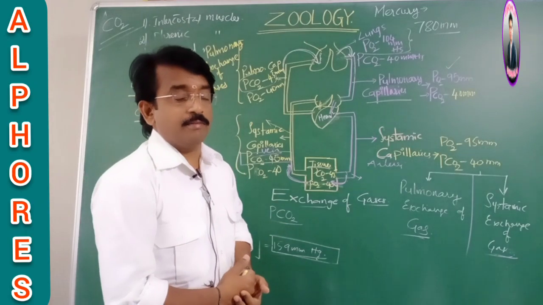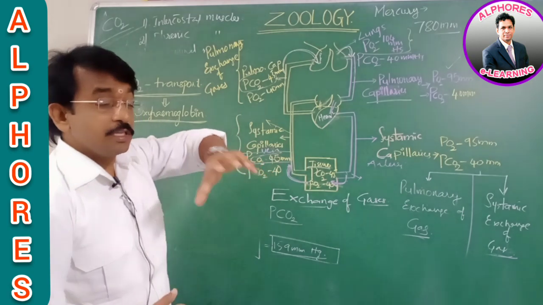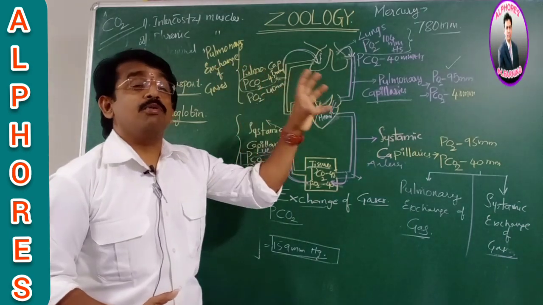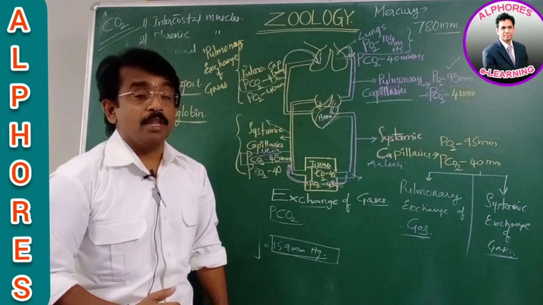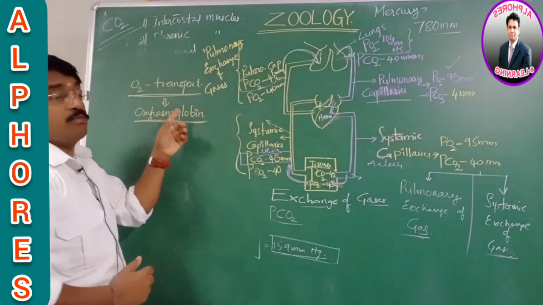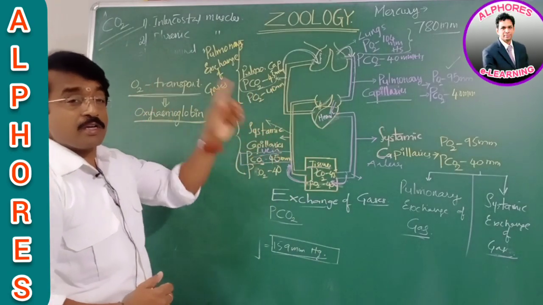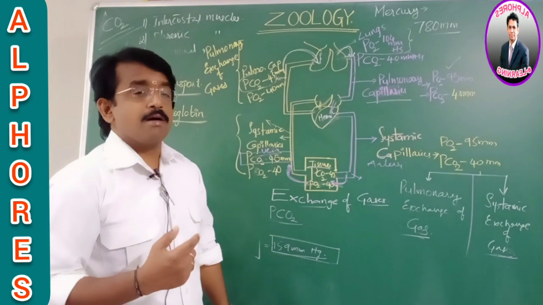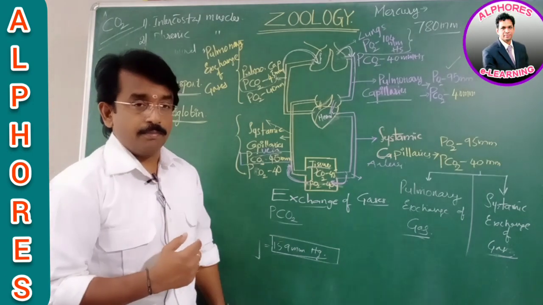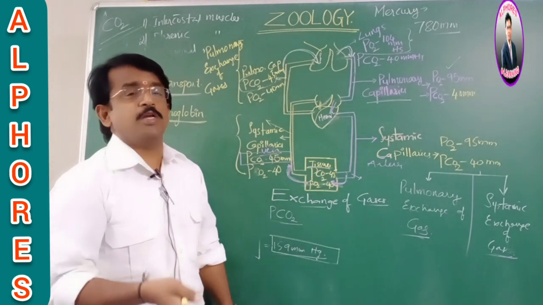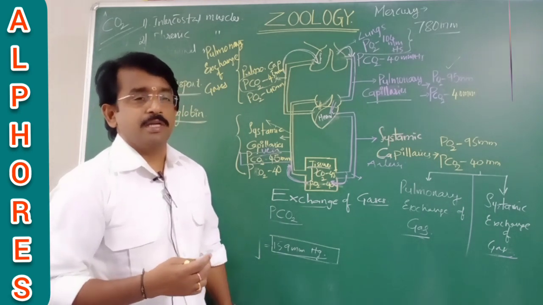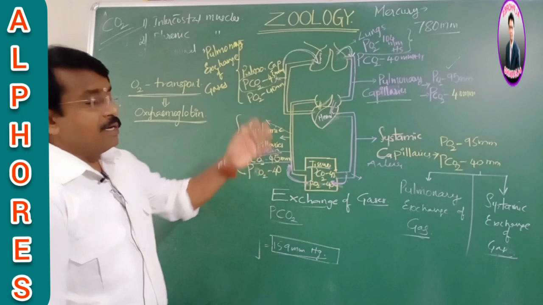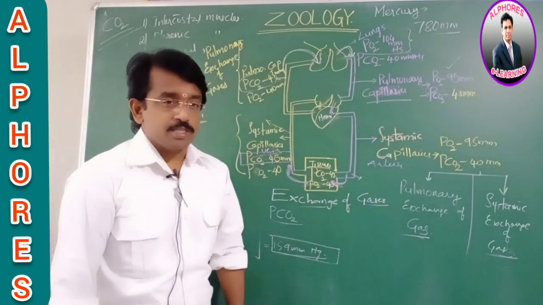So by all this you come to know that the transport of gases is in compound forms, not their original form. Oxygen is in oxyhemoglobin form. Carbon dioxide is in physical solution as carbonic acid. However, carbonic acid is unstable. H2CO3 is further broken down into H plus and HCO3 minus, under the carbamino compounds and bicarbonates.